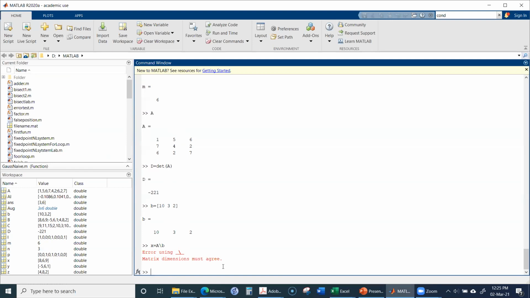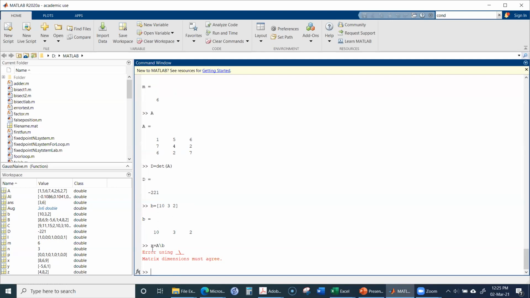Matrix dimensions must agree. Okay, it says that matrix dimensions must agree. Can you tell me what was the mistake I have done? This is the matrix A, the coefficients of x1, x2, and x3, and this matrix B is on the right-hand side.